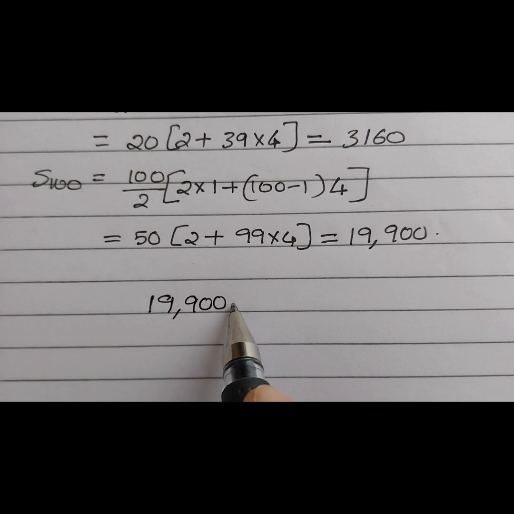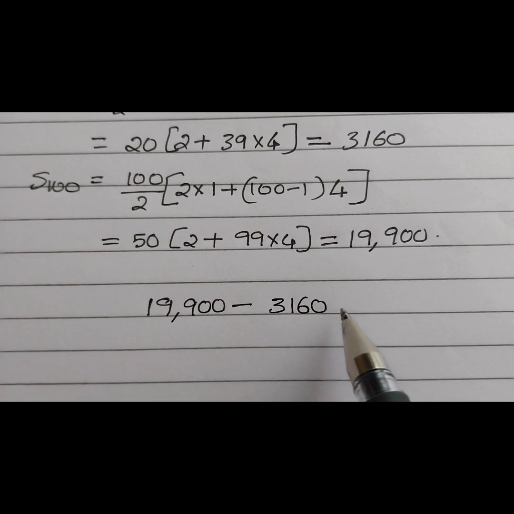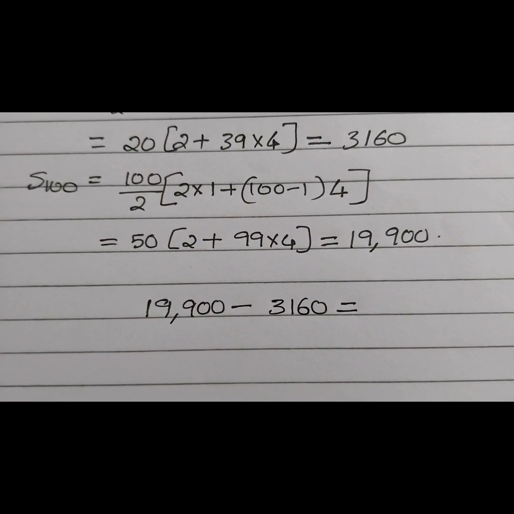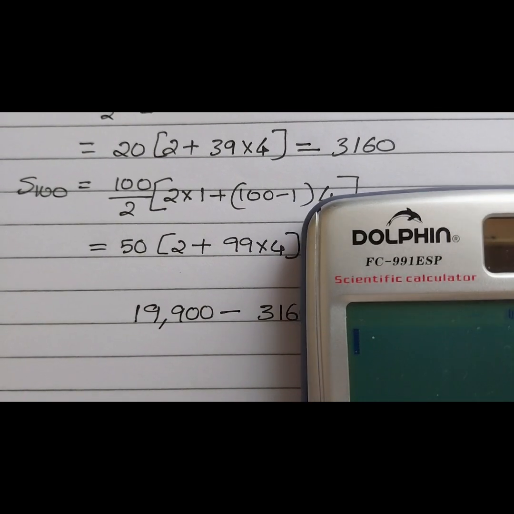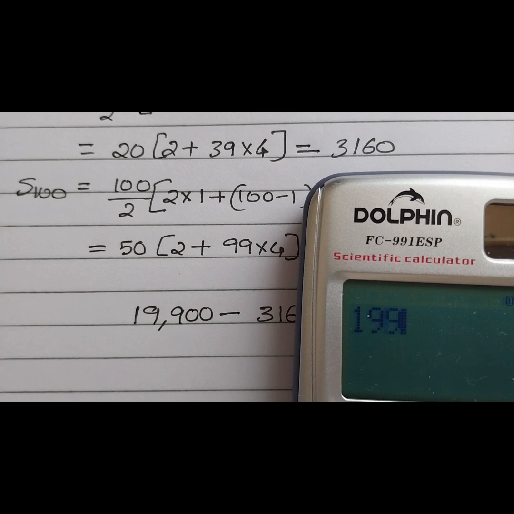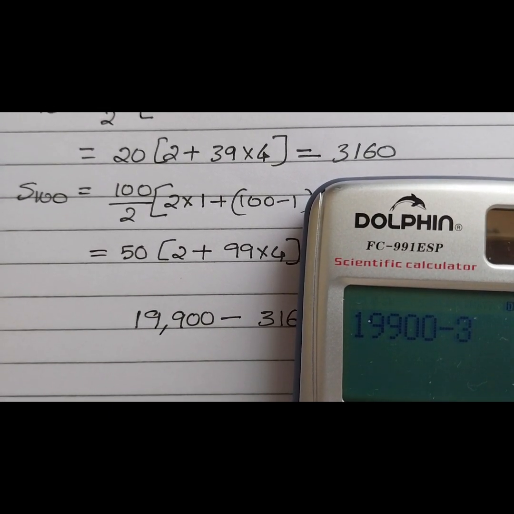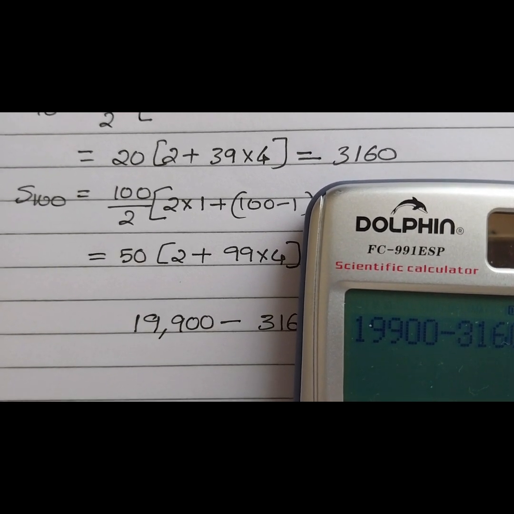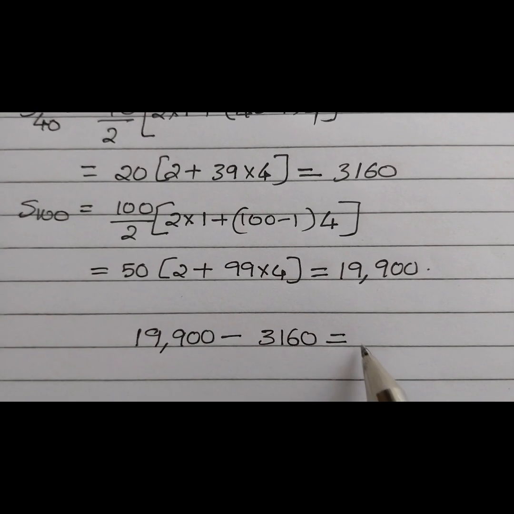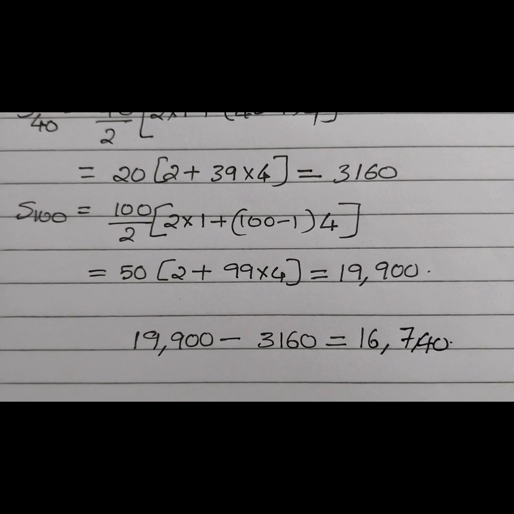Let's subtract sum of 40 terms from this, 3,160. So the answer is 19,900 minus 3,160 equals 16,740.